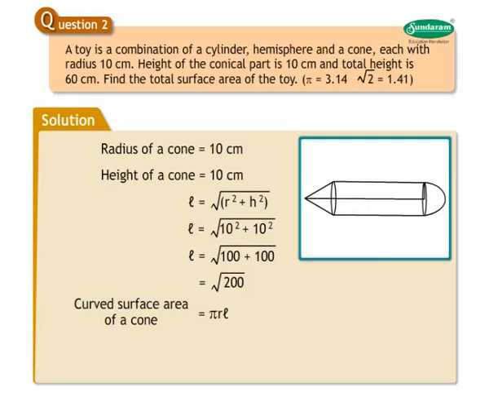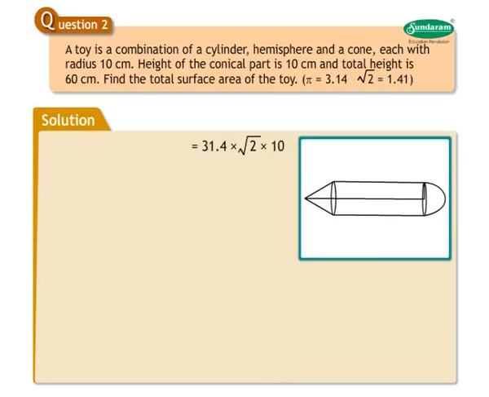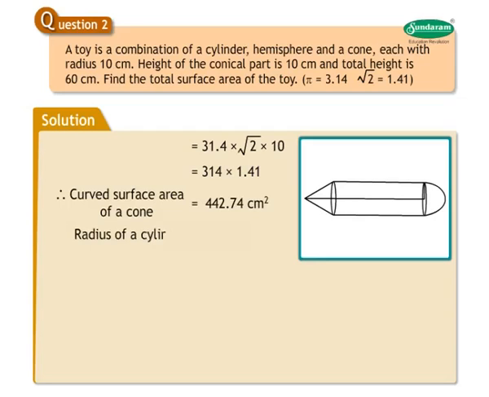By substituting the values, we get 3.14 into 10 into root of 200, which is equal to 3.14 into 10 into root of 2 into 100, which is equal to 31.4 into square root 2 into 10, which is equal to 314 into 1.41. Therefore, curved surface area of cone is equal to 442.74 centimeters square.